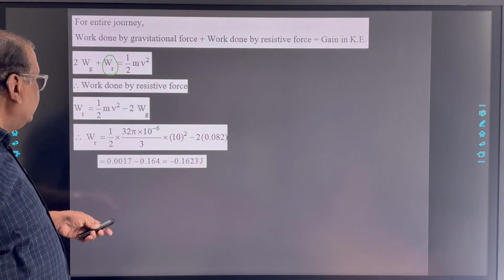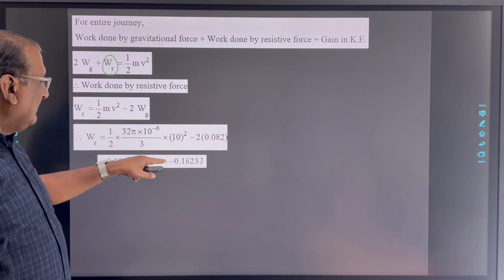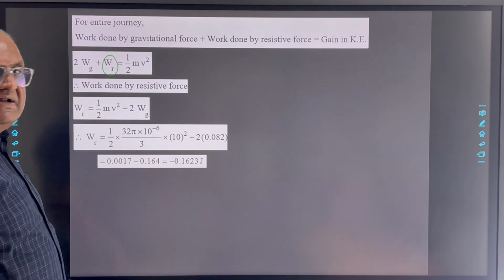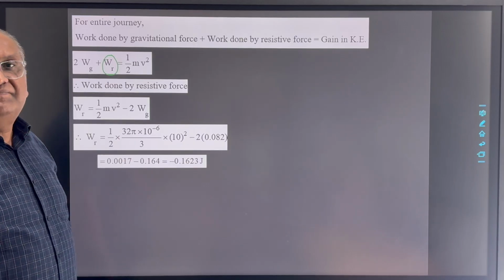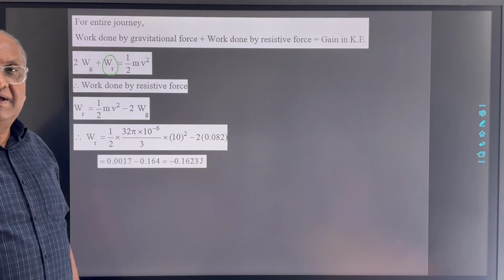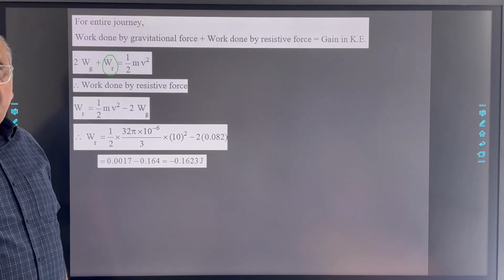Now solve this one. We will get the answer minus 0.1623 joule. Here the work is done against the resistive force. Therefore, automatically it appears negative. Clear to all of you?